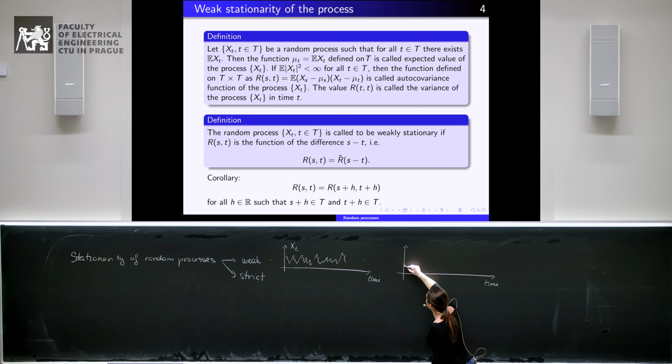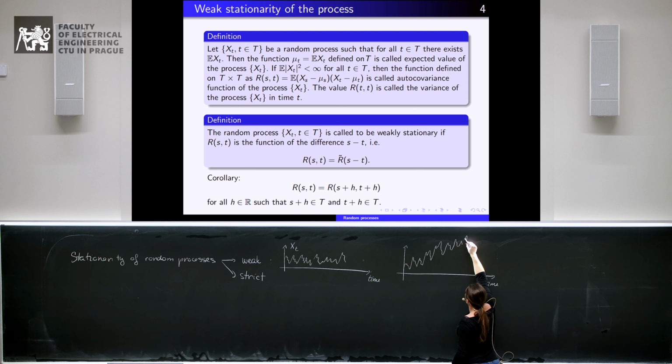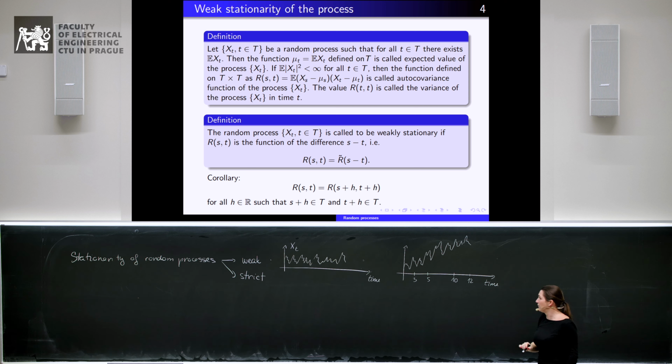And so it can happen that the process is increasing, but it cannot happen that the dependence between, let's say, the time 3 and 5 is different from the dependence between the time 10 and 12.